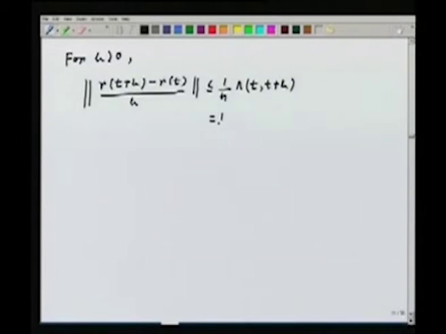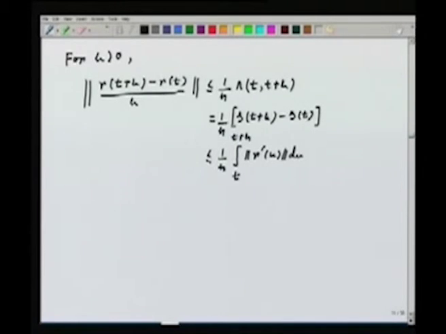Now this is 1 by h times, I can write as s(t+h) minus s(t) by my definition of the arc length function. Now I have already proved that this lambda(t+h) is less than or equal to, this 1 by h is just a factor, integral t to t+h norm r prime u du.